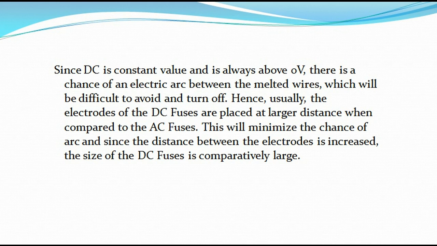DC voltage is a constant value and is always above 0 volts. There is a chance of an electric arc between the metal wires, which will be difficult to avoid and turn off. That is the simple truth.